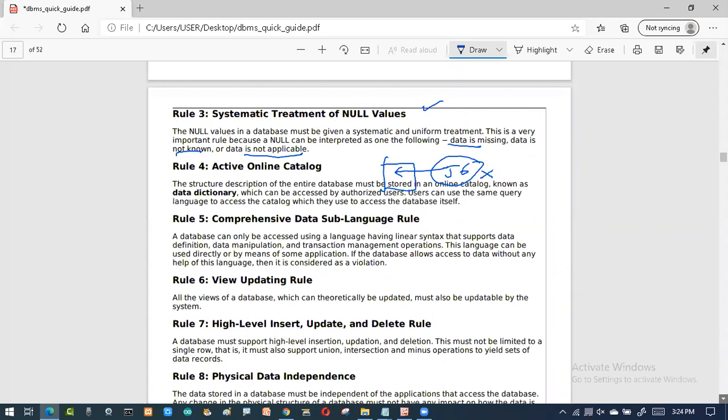Whenever you want to access the data, you should be an authorized user. An authorized user can have the same query language access to the catalog as to the data itself. So the query language should be the same. That means if I know French, I cannot tell the computer to do my work and give me the result in French only.